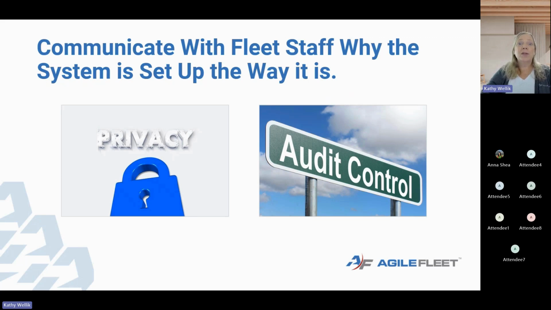So again, communicate with your fleet staff the why that you're doing it in the system as well. In this one, I really think of audit control as well. In a little bit, when we're going through the slides, you're going to be learning about some of the settings for supervisors to get emails and so forth. In a particular example, a dispatcher might receive a question, somebody saying, please don't send me all these emails. I don't need all these emails.